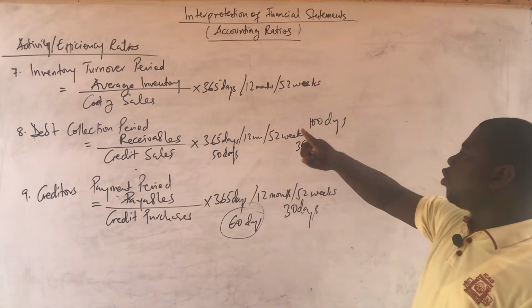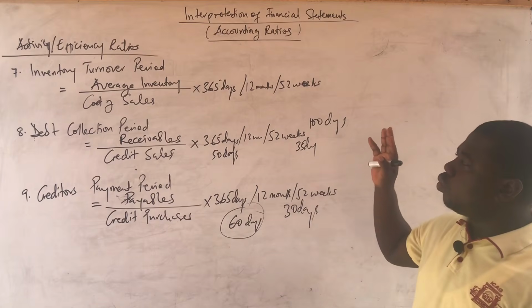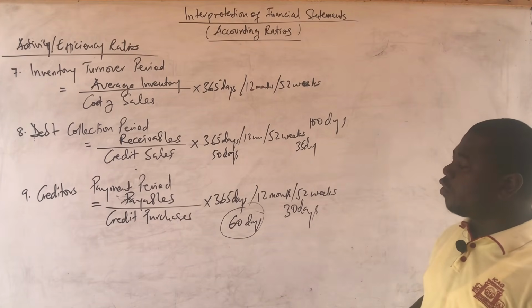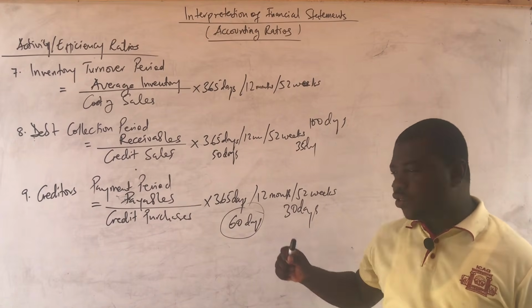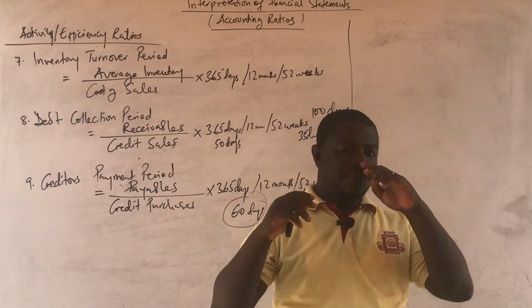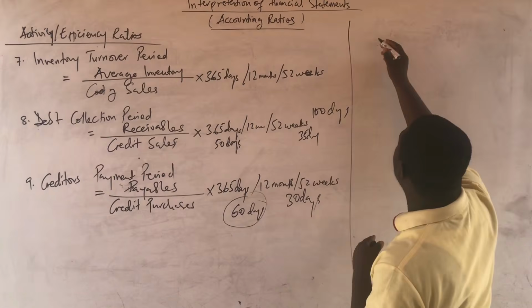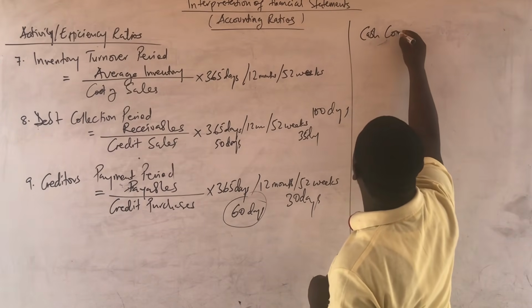So now, let me also use this to teach you about the cash conversion cycle before I come back to talk about the rate of stock turnover. Let's talk about the cash conversion cycle.